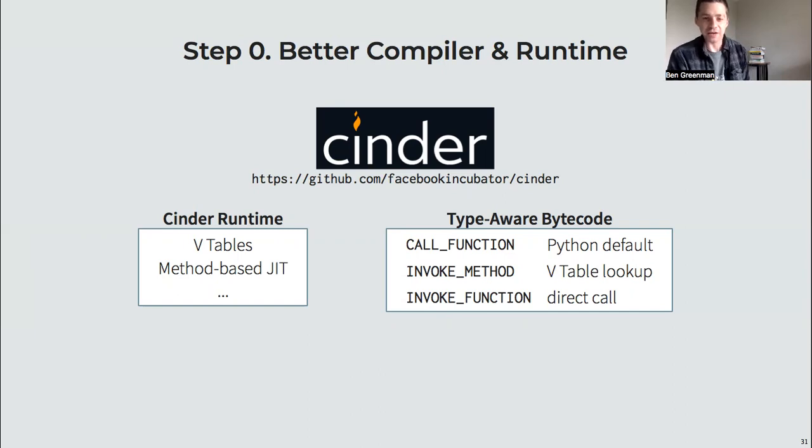Here's 2 examples. Invoke method gives you a direct vtable lookup instead of the Python dynamic dispatch for function calls. And invoke function is a direct jump to a function. So we've got these bytecodes sitting inside Cinder, and that gives static Python a target to aim at, so it can produce more efficient code than it would if Python was the target.